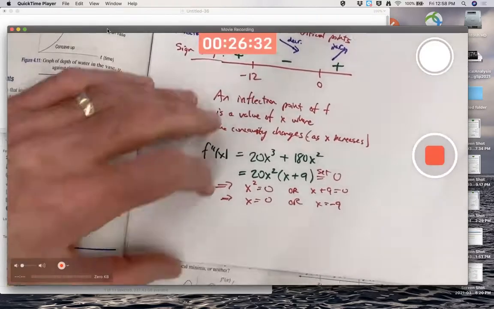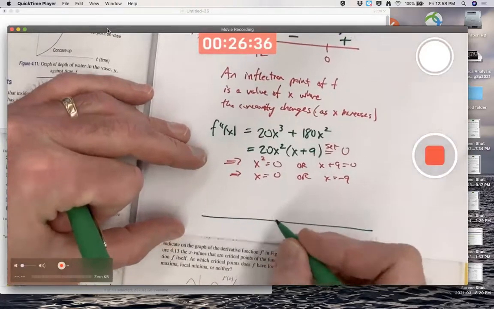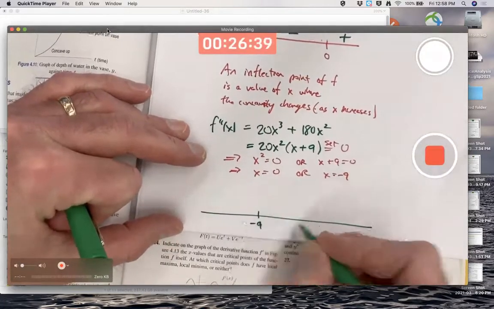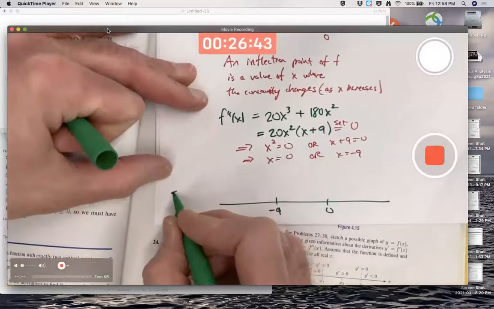Let's see what happens. You can make another number line, marking off these candidates for inflection points, negative 9 and 0, testing the sign of f double prime.